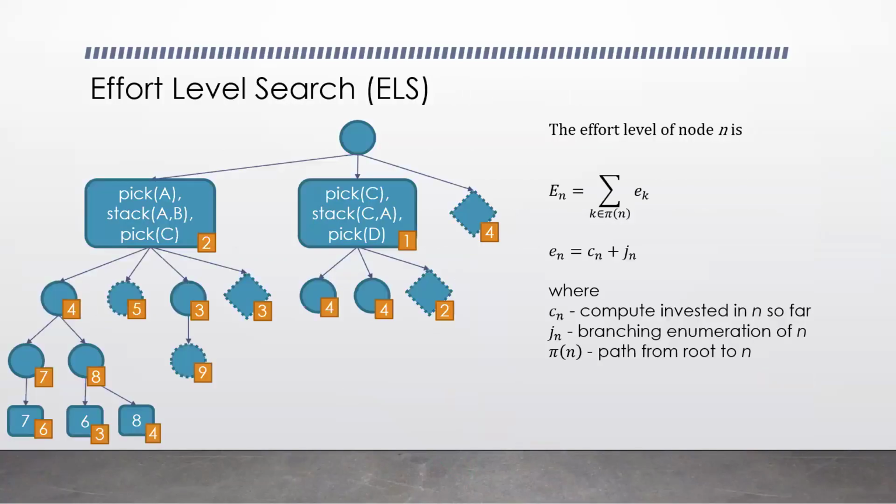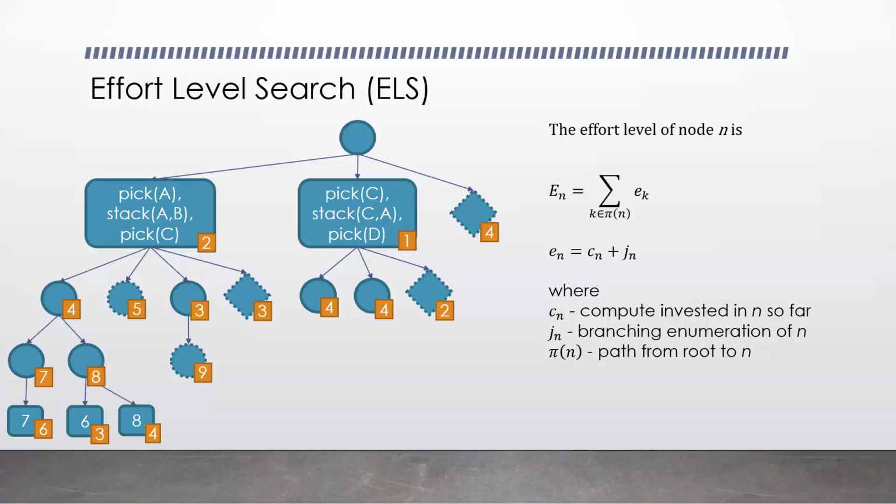So we came up with a very simple idea. We call it effort level search. It's basically a blind search, except it's not just blind search on the width, like a standard BFS. It's a blind search that balances going deep, going wide, and investing more compute.